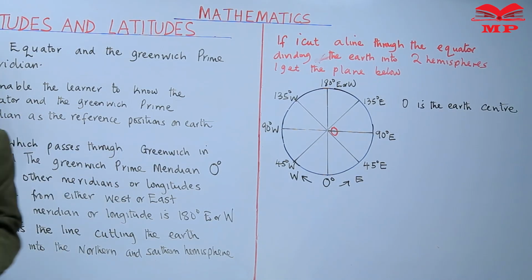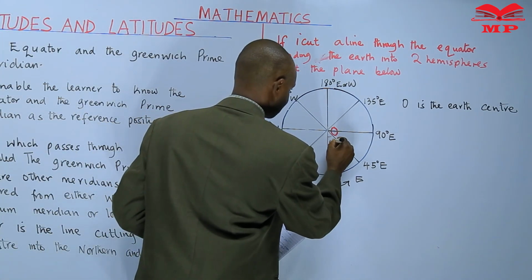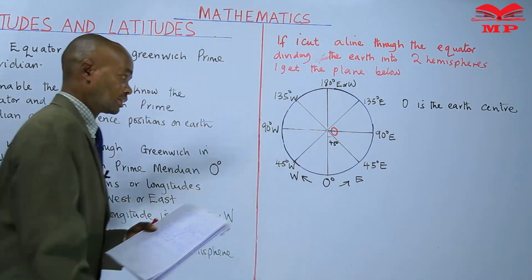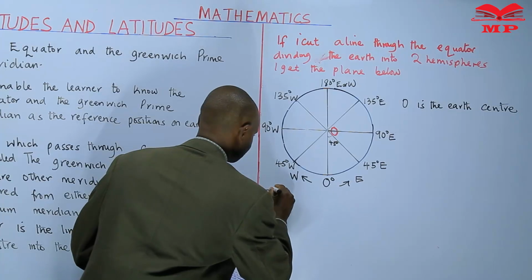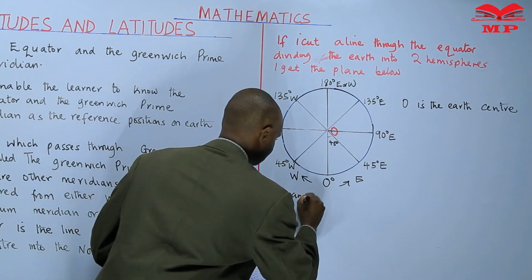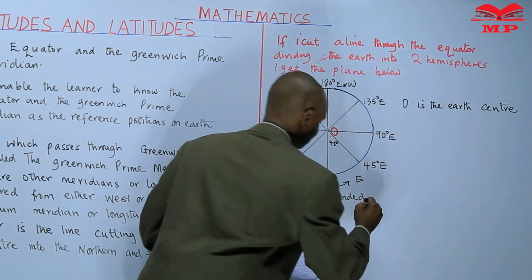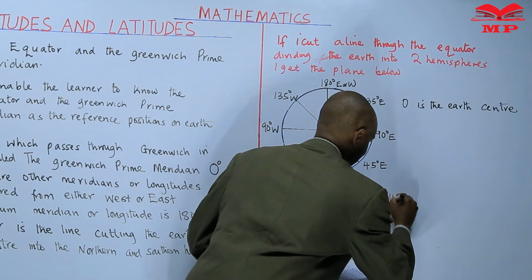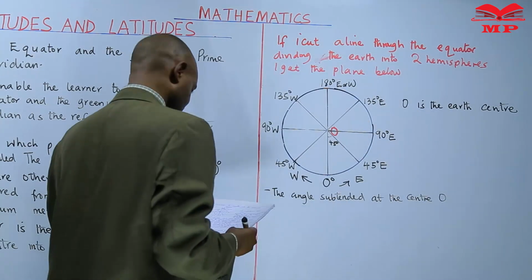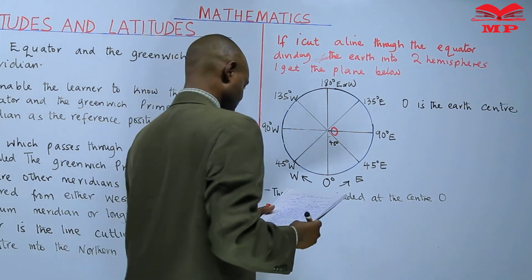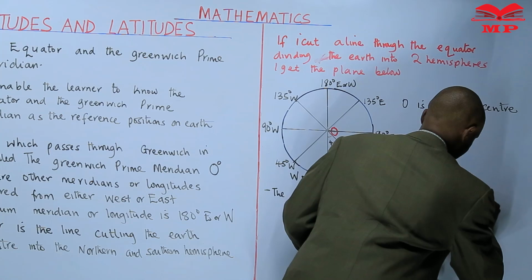So the angle subtended at the center, you find this one is 45 degrees. It gives that meridian, Lana. So the angle subtended at the center, or on the plane of the equator.